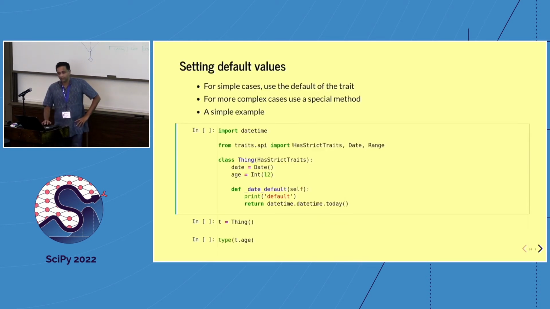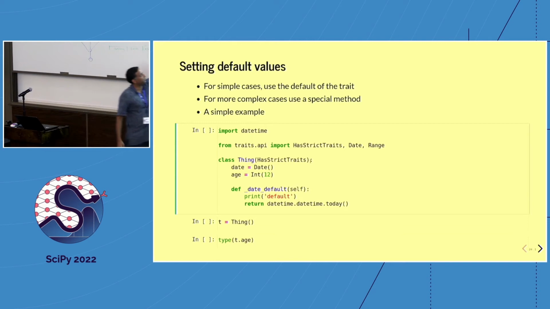Okay. So one thing that sometimes may trip you up is, let's say you have an object and you have a trait, and you want the trait's default value to not be hard-coded, but you want it to be computed. So for example, if you have the date, you want the date default to be today's date, okay? Not hard-coded to the time the programmer wrote this, right? You want a default so that when somebody instantiates the object, it gives me that particular time.